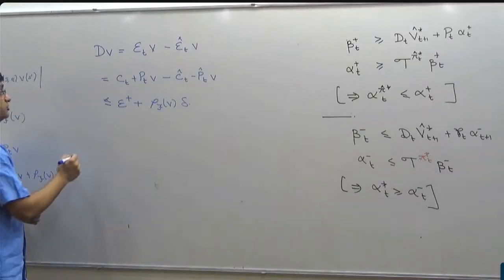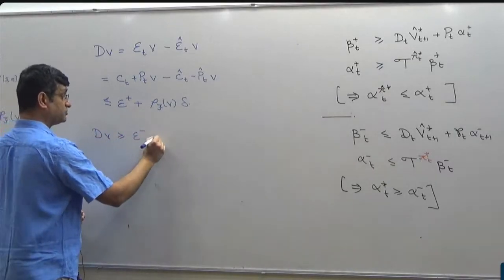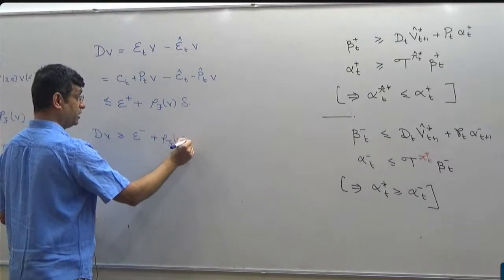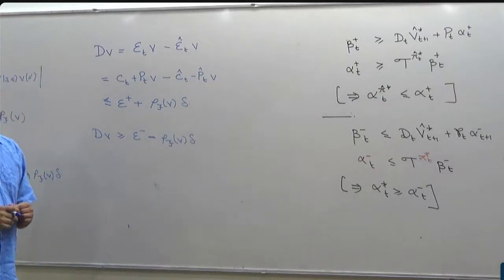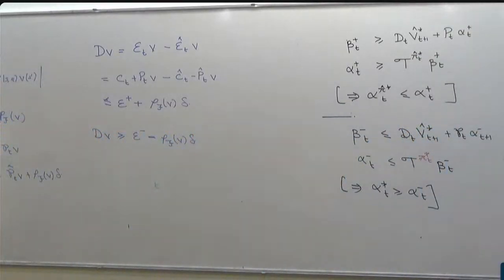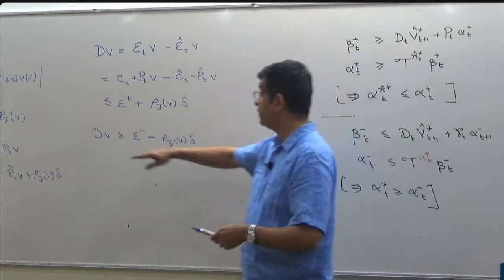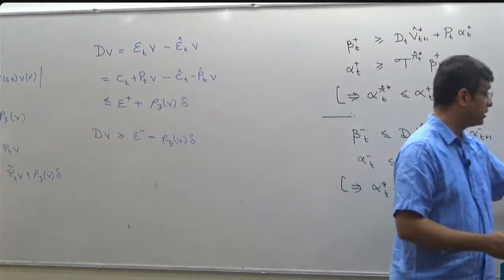And by a similar argument, I can show that D of V is greater than or equal to epsilon minus rho f of V times delta. Okay. So if I have upper and lower bounds on the difference of cost functions, and I have the IPM distance as a function of state and action, I can get upper and lower bounds on the mismatch operator. Okay. I substitute these things back in here and I am done.